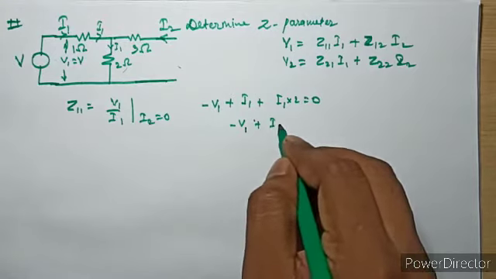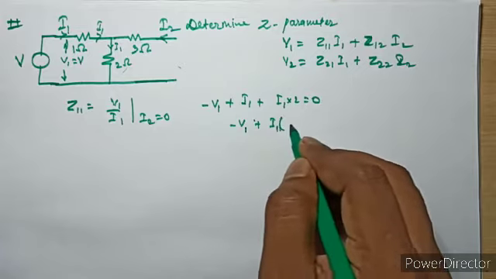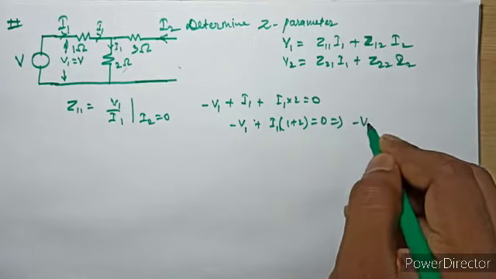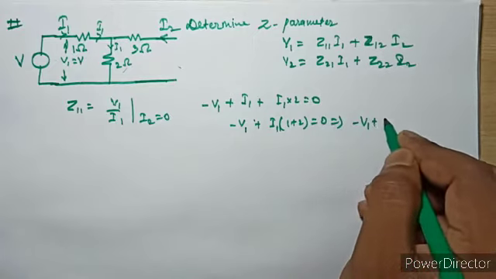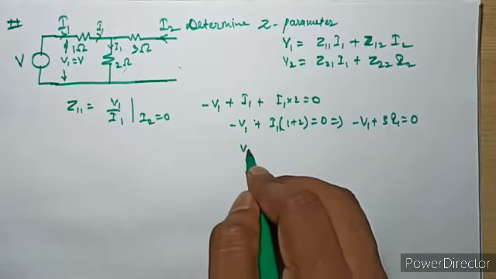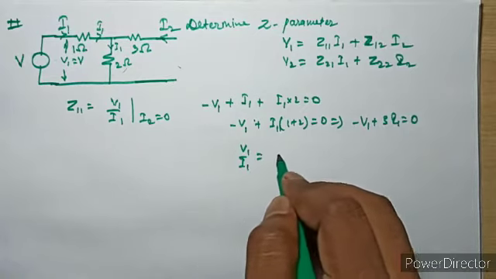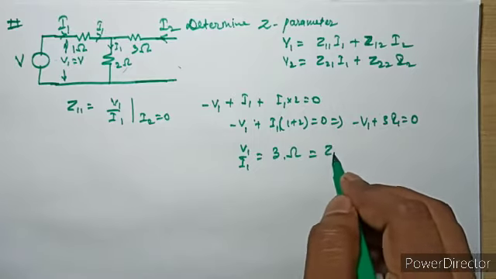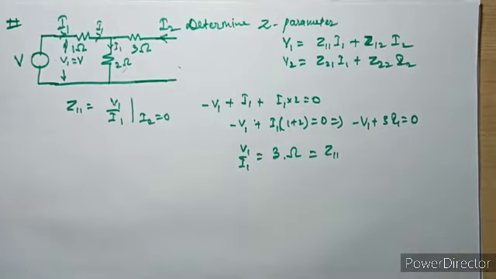plus I1 into 1 plus 2 is equal to 0, means minus V1 plus 3I1 is equal to 0. So V1 by I1 is equal to 3, which is nothing but our Z11, right? So see the procedure carefully. How did I get Z11?